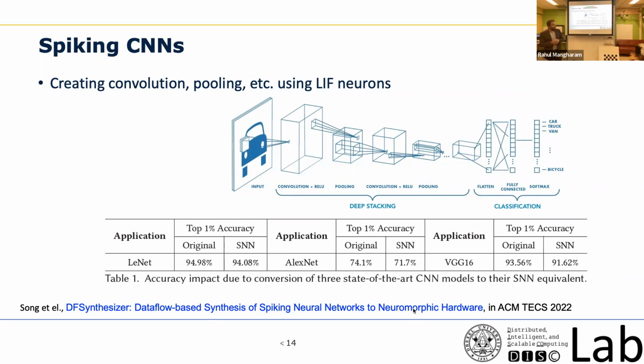Now, as I was saying earlier, SNNs are not the best for everything. For example, for convolution-type architectures, SNNs are not that great in the first place. So if you have an option to use CNNs, please do use CNNs, because accuracy-wise, you will never be able to compare with CNNs.